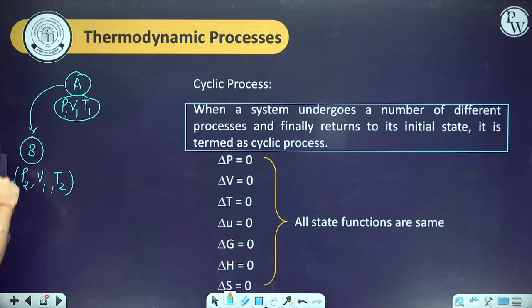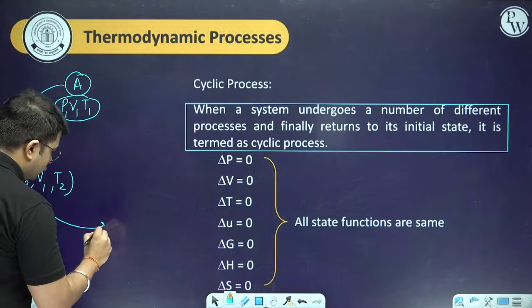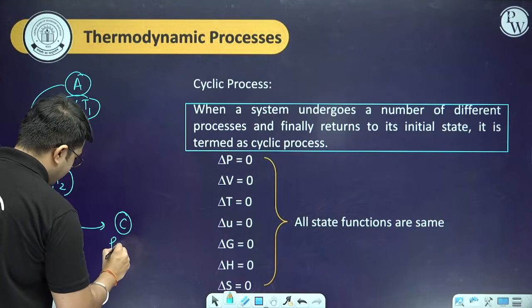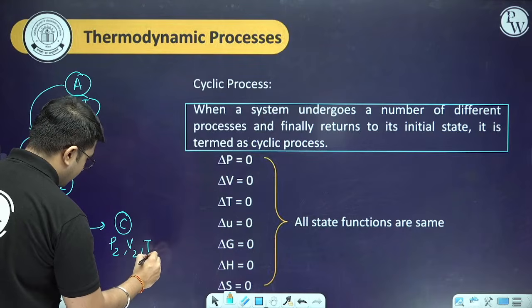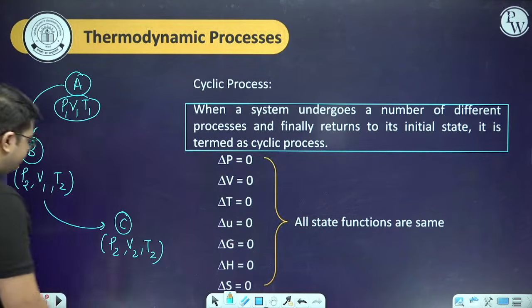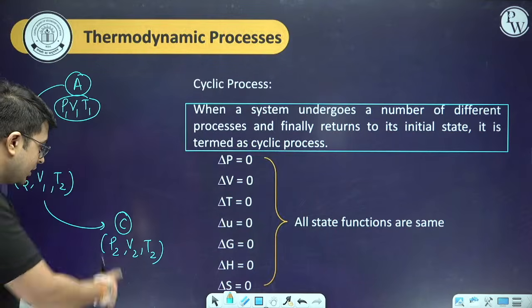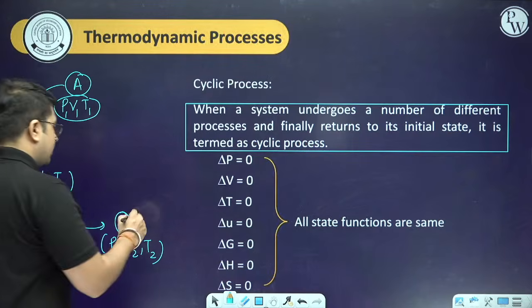The process is occurring at constant volume, so this process is isochoric. Eventually I convert this into state C, where pressure is the same, P2, volume becomes V2, temperature is now T2. This process is occurring at constant temperature and pressure. It means in this case we are talking about the isothermal as well as isobaric process.